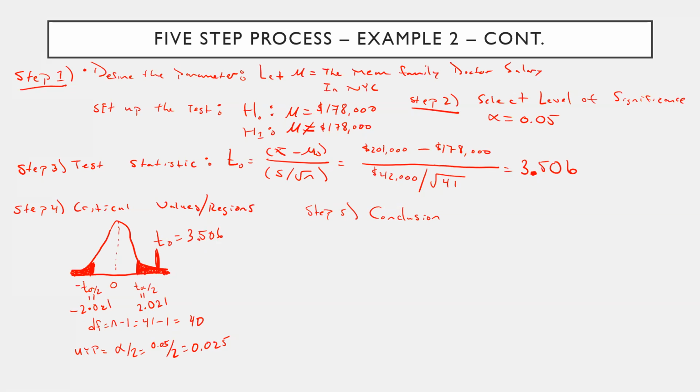See how it's in the shaded area? So what does that mean? We reject the null. So basically what's going on when you reject the null, you're saying, no way, that's not right. This is correct. So evidence supports the alternative.